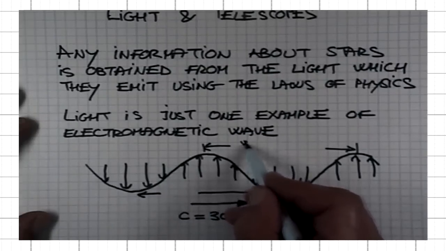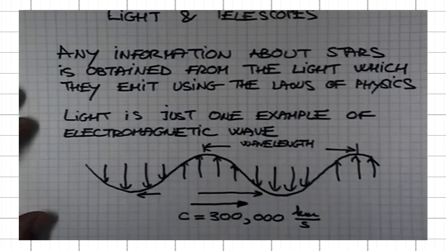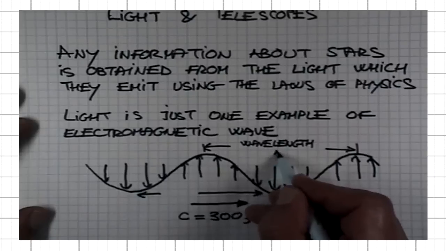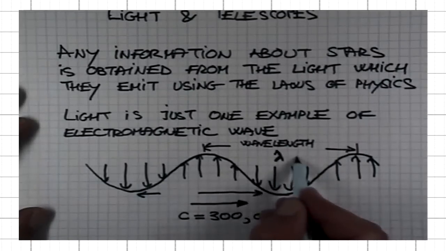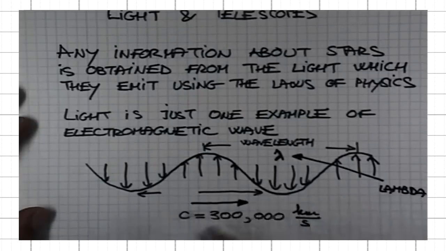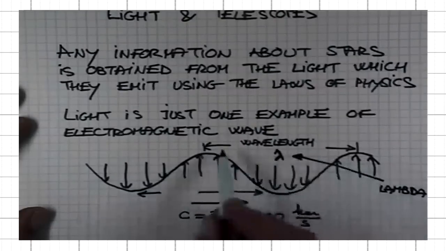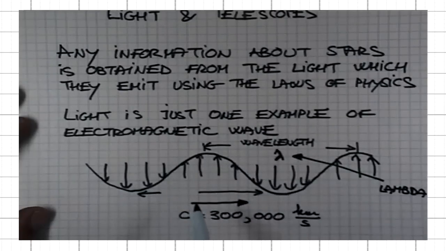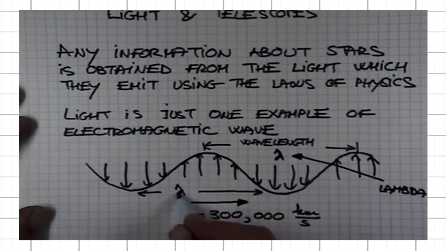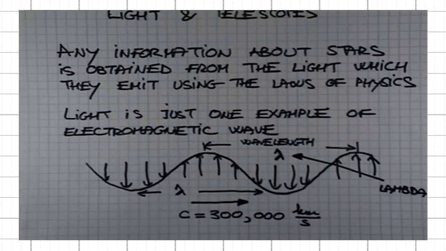So this is the wavelength, and it is often denoted by a Greek letter lambda, which is the Greek version of Latin L. And lambda looks like this. Okay, so it's either the distance between two successive crests of the wave or the distance between two successive troughs of the wave. Either one is equal to the wavelength.